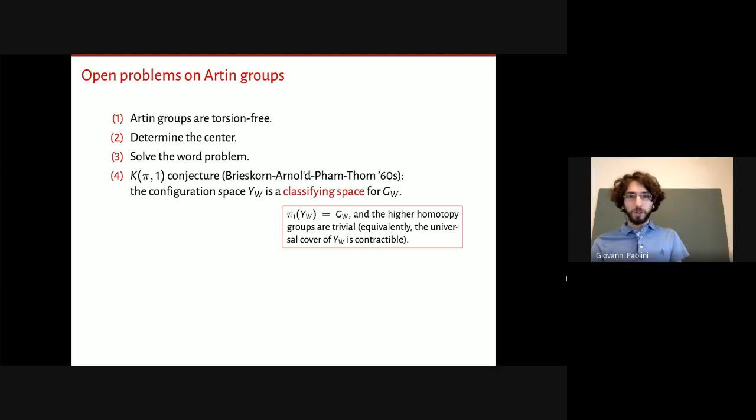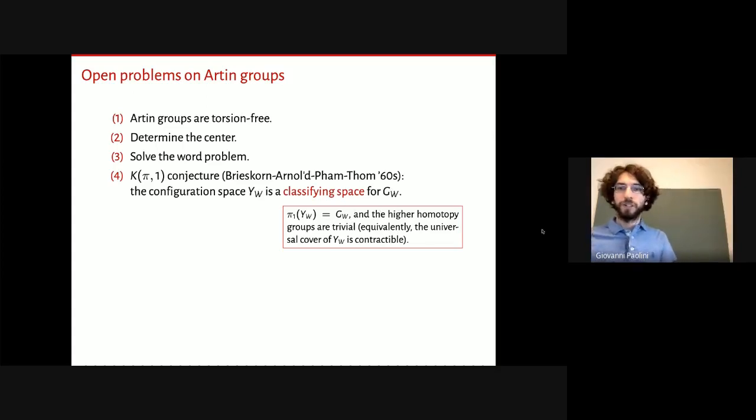Now, the red box reminds you of what this means. It means that the configuration space Y_W should have as its fundamental group the Artin group G_W. This is the first requirement, and this is well known.